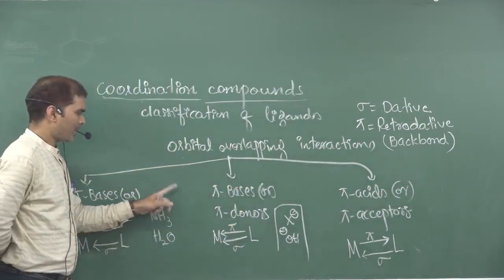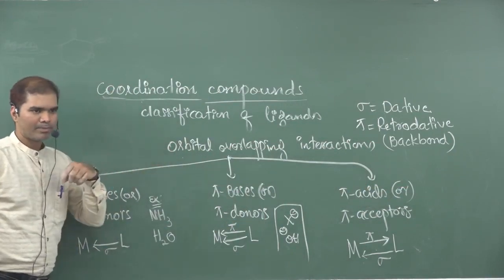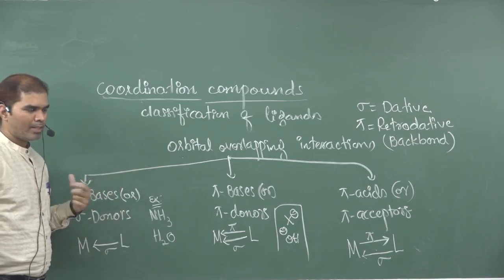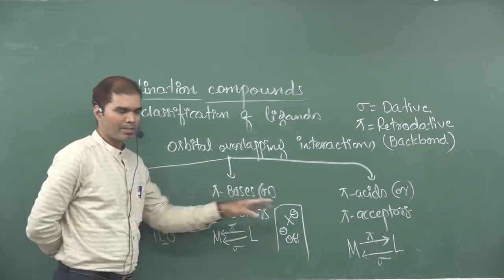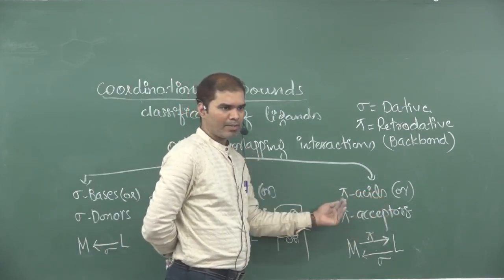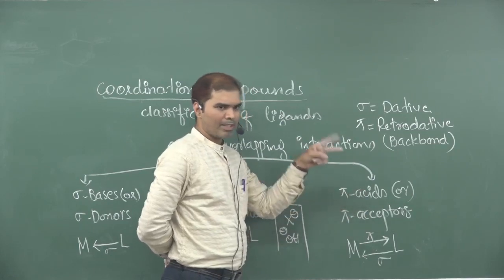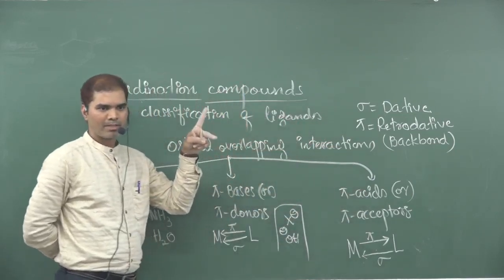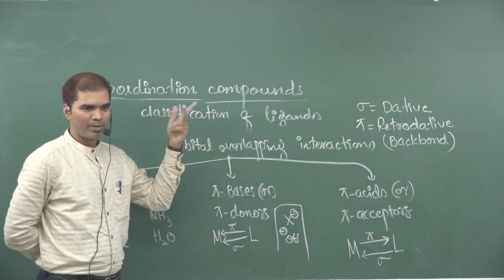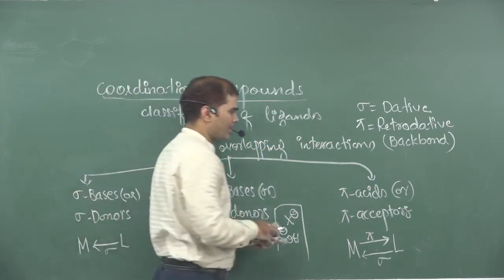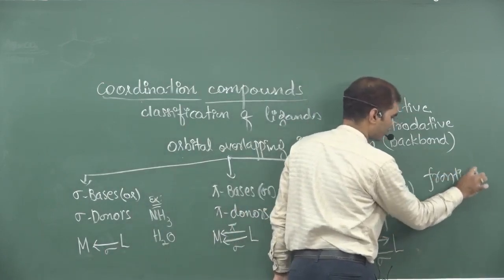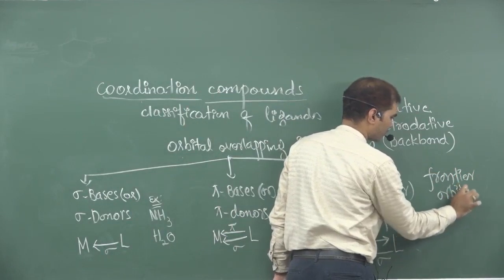Suppose I want to correlate this classification with the previous one. The previous one was moderate, strong and weak. Which ligands are stronger in this sense? Pi acids are stronger because they are donating as well as accepting, due to which the difference between T2G and EG, or what we call HOMO and LUMO, the frontier orbitals, will increase.